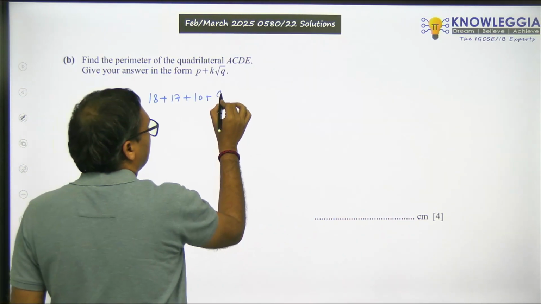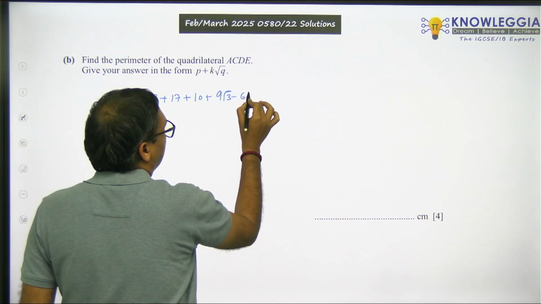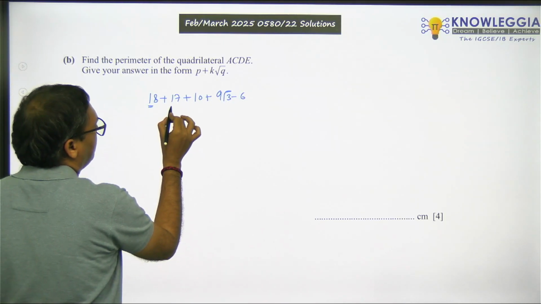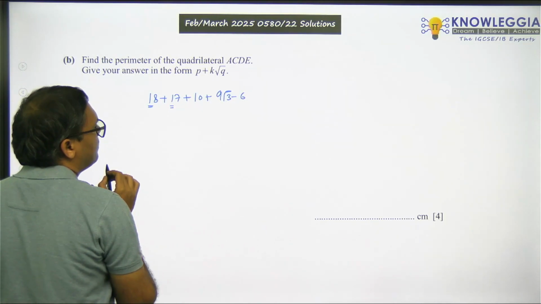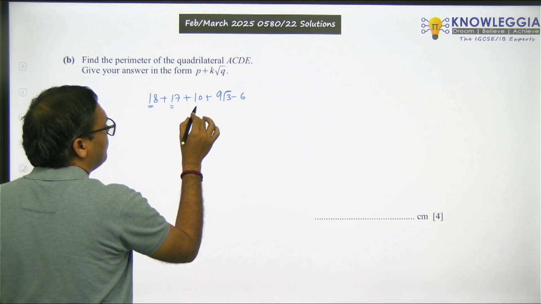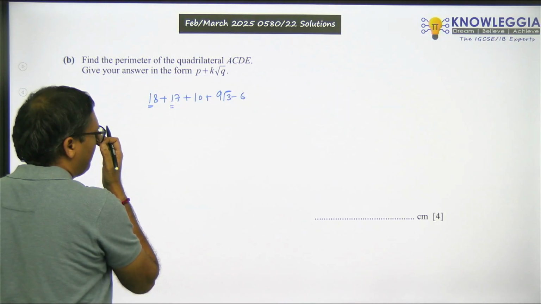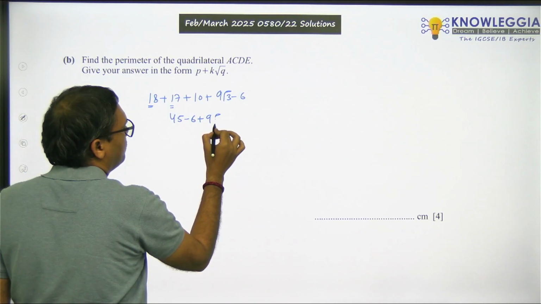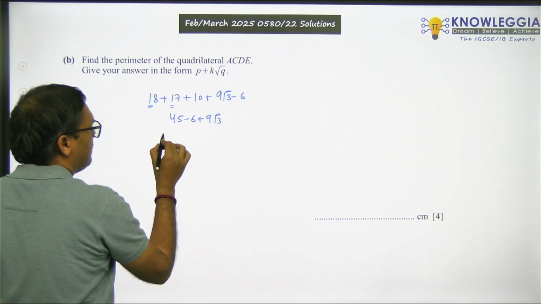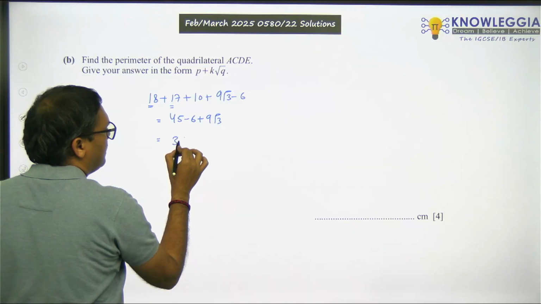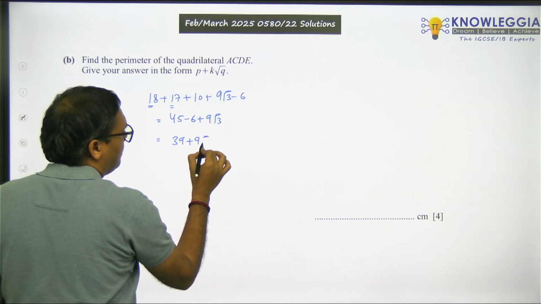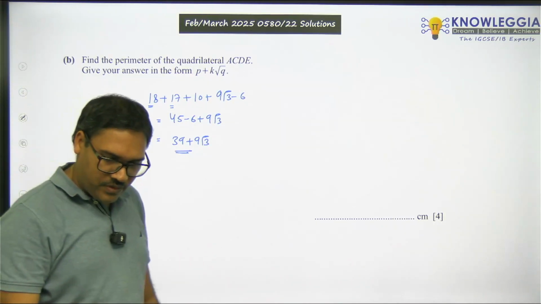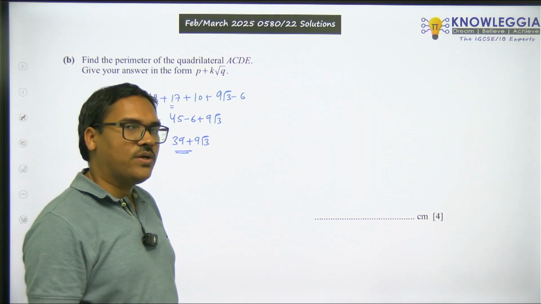So now let's arrange the terms. 18 plus 17 is 35, 35 plus 10 is 45, 45 minus 6 plus 9 root 3. What is 45 minus 6? This is equal to 39 plus 9 root 3. So what is the perimeter? This is 39 plus 9 root 3, the answer for this question.